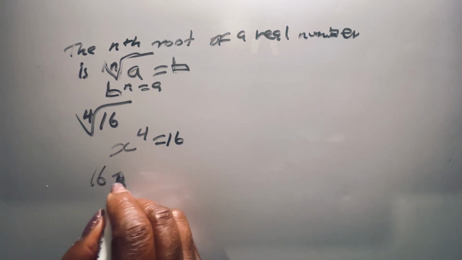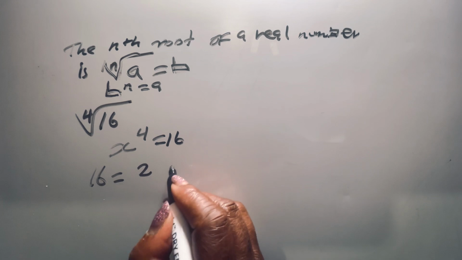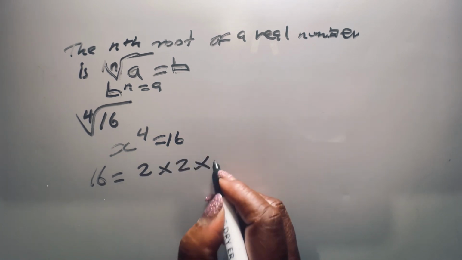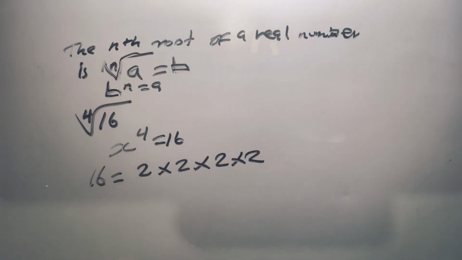Now we are going to apply the concept of prime factorization by finding all the prime factors of 16, where 16 breaks down as 2 times 2 times 2 times 2.